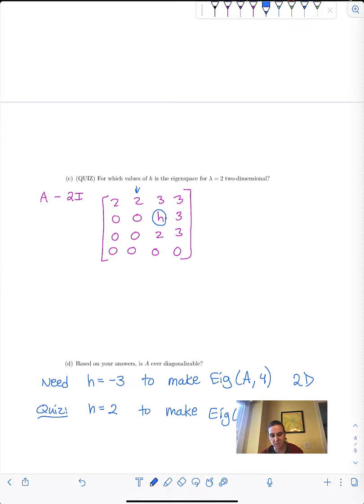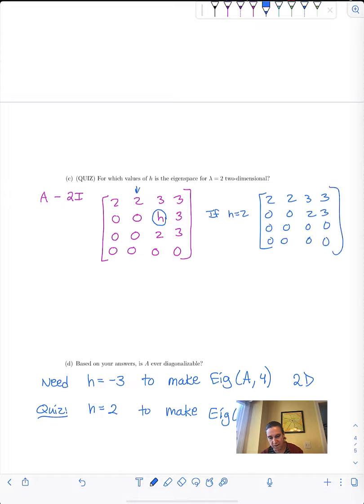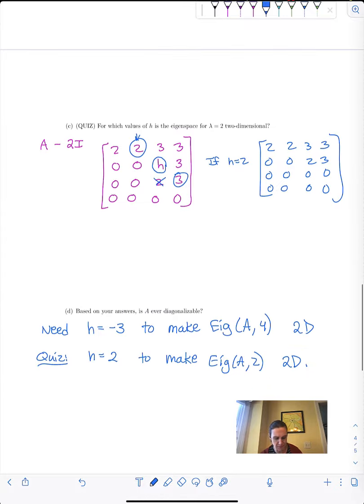And that's because if h equals 2, we can go back up and look at that now, we get 2, 2, 3, 3, 0, 0, 2, 3, and that third row goes away. If h wasn't 2, then we could make that 2 go away and make a pivot in that third row. But we can't have h be -3 and h be 2. So h can't be both -3 and 2 at the same time.